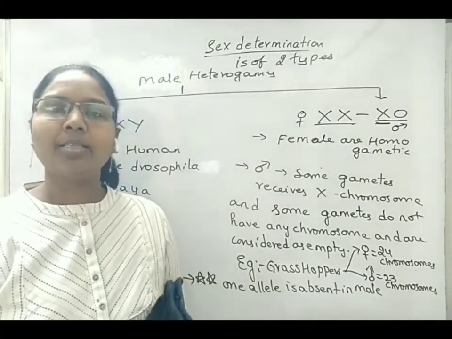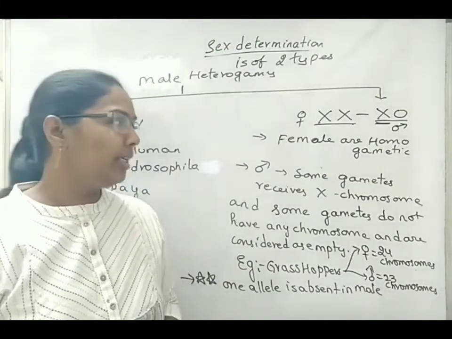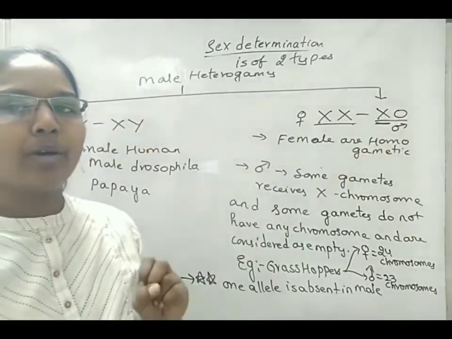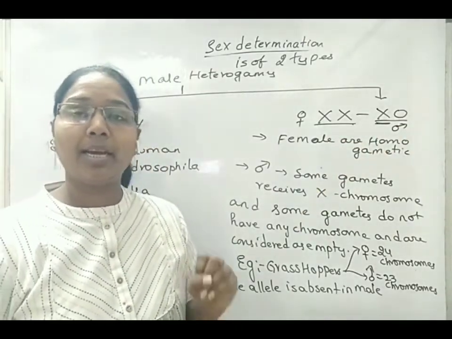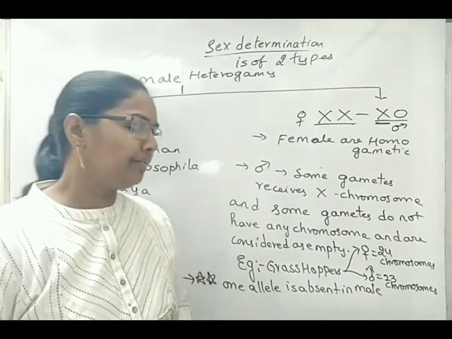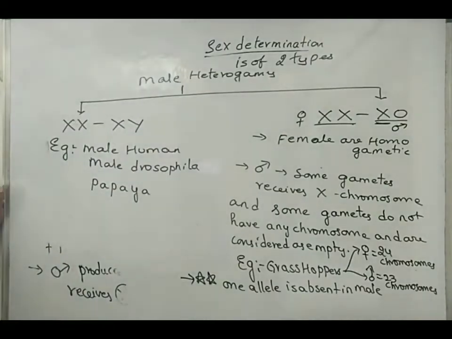It means one chromosome in case of male is missing. So some types of gametes are empty. They do not have any types of chromosomes in them. So this is about male heterogamy and their examples.